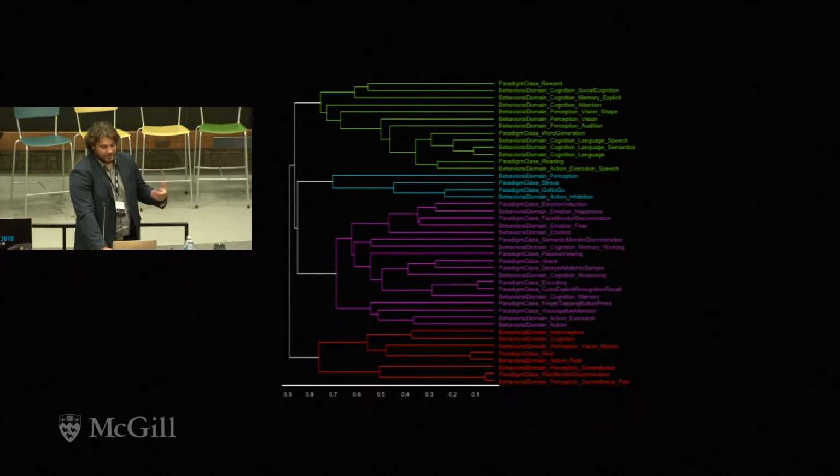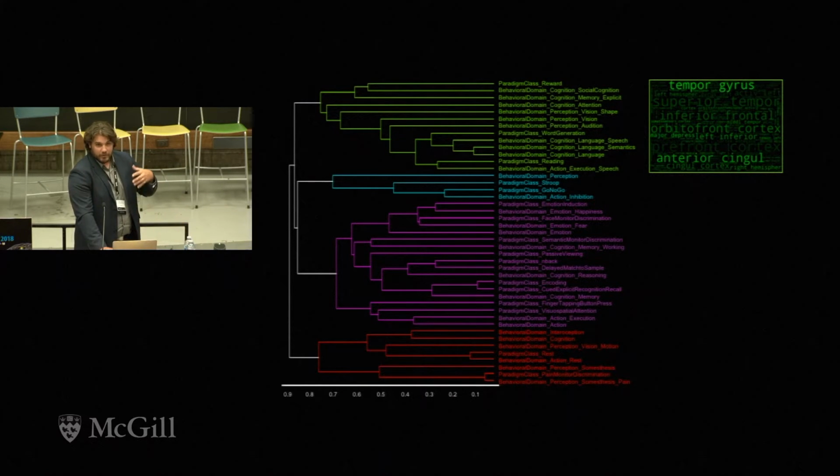So the green cluster is related to cognition, perception, and we took the top 10% of the features within the labels assigned to each cluster and generated just a simple word cloud. And pretty much what you see here, it's a lot of anatomical terms, but they're terms that do relate to the concept, they're anatomical locations that are expected, assuming you want to see those related to the terms.